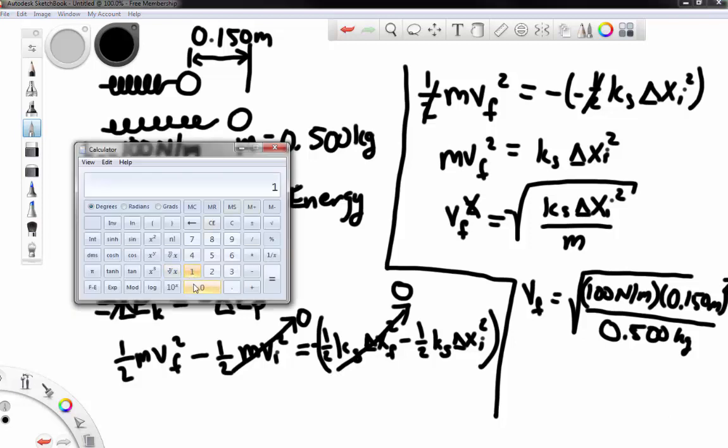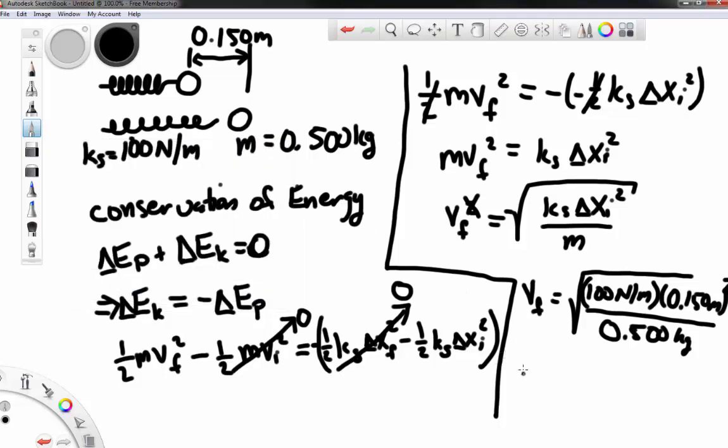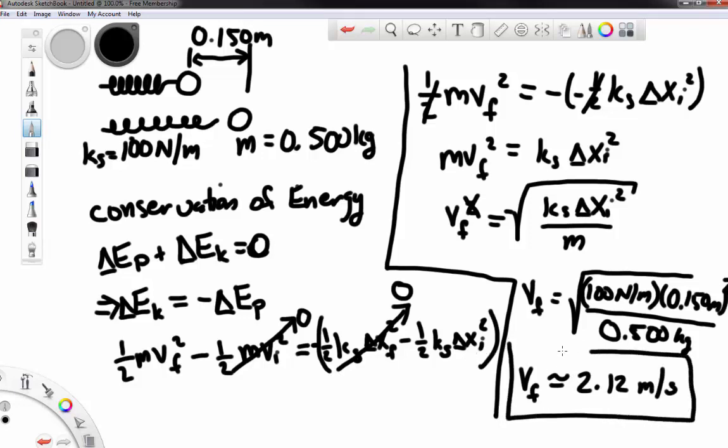What you get is 100 times 0.15 squared divided by 0.5, and then we need to take a square root. That's 2.12 meters per second. So the final speed is going to be 2.12 meters per second. That gives us the final speed of the ball once it's launched by the pinball machine.